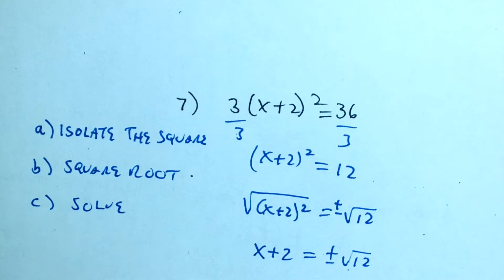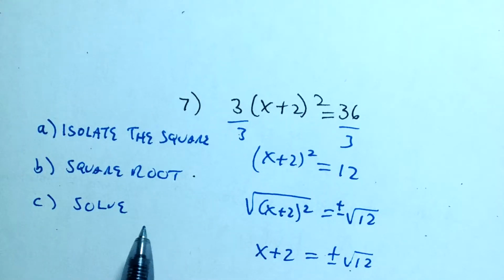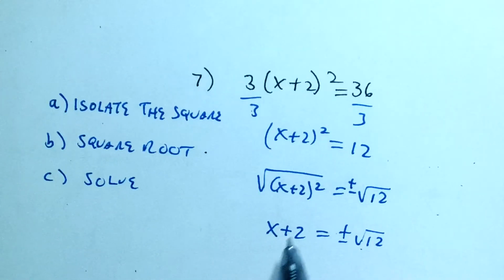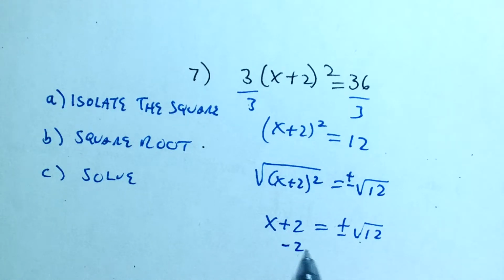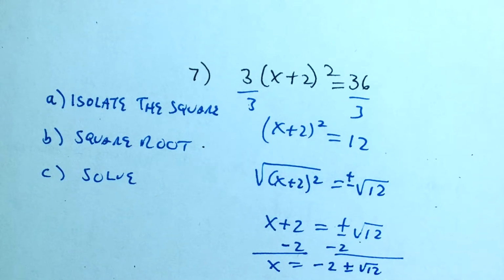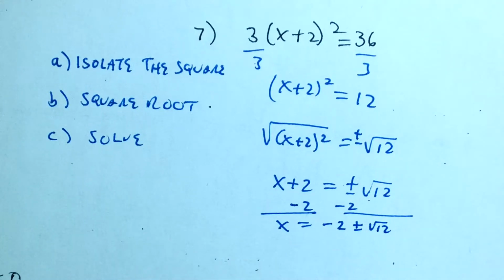And these are the steps of the square root property. And we're going to go ahead and subtract 2 here. And our answer is negative 2 plus or minus the square root of 12, which really does represent two answers. We have negative 2 plus the square root of 12 and negative 2 minus the square root of 12.